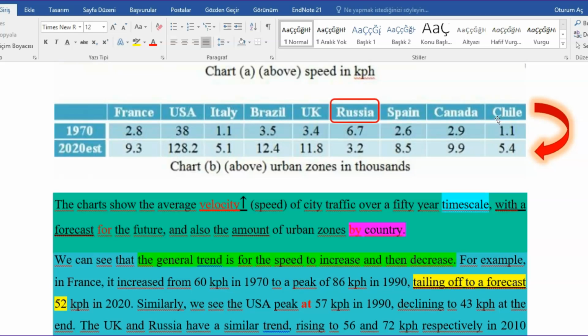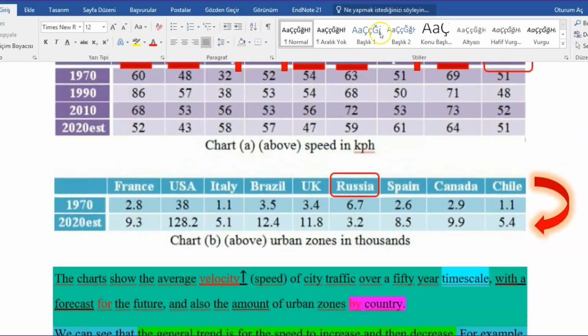And for the next one, increase pattern, yeah, increase pattern, and here we have only one decrease pattern, and it is again just for Russia.